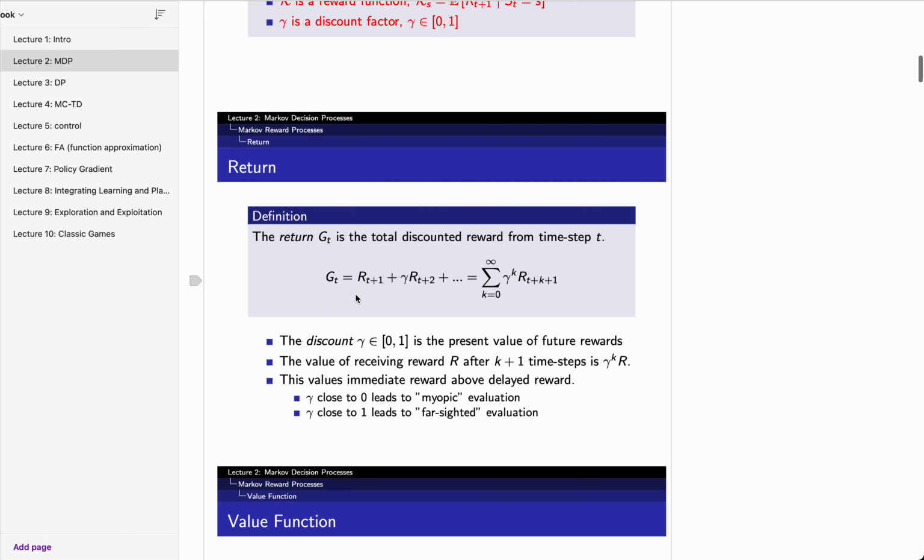So the return G_t at time step t would be the immediate reward plus the discounted reward at each later step, where he multiplies the reward by a discount factor. If lambda is 0, all these additional terms would be 0, and the return would be just the immediate reward.